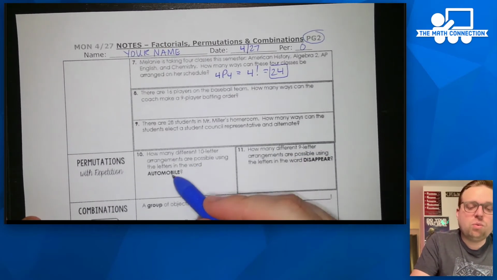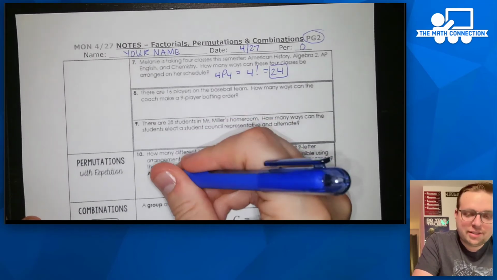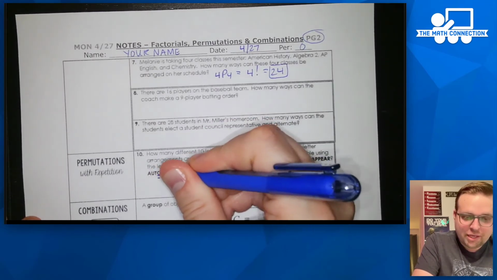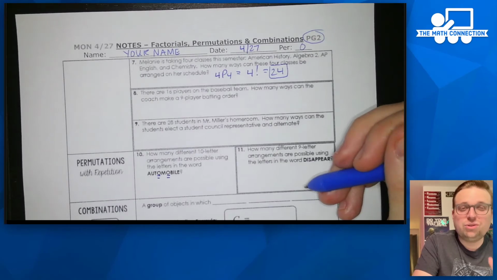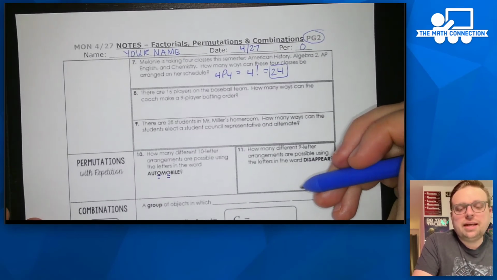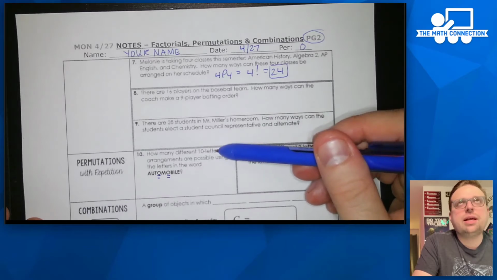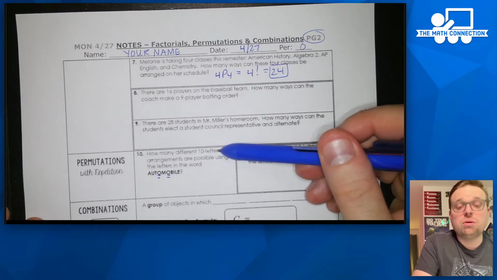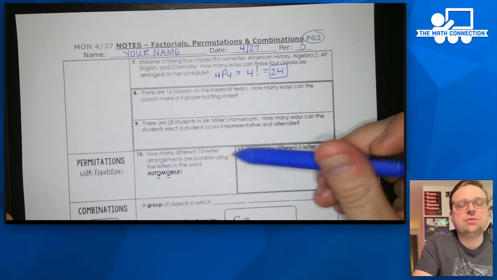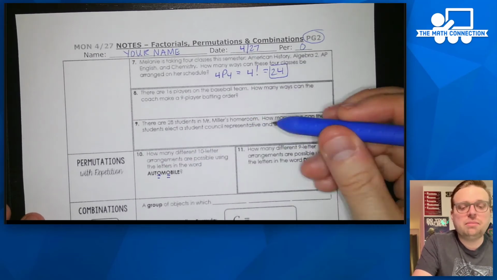So let's look at the word automobile, and you can see that the letter O is repeated, so it's in there 2 times. It doesn't say it has to be a real word, it's just an arrangement of the 10 letters, and there are 10 slots to put them in.